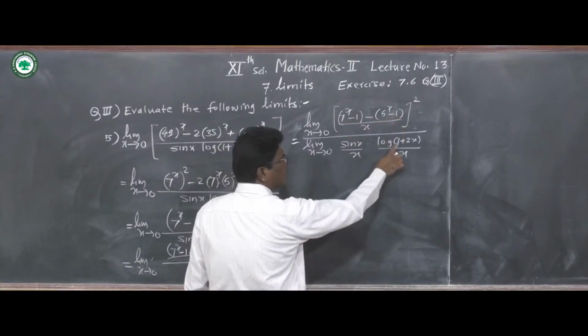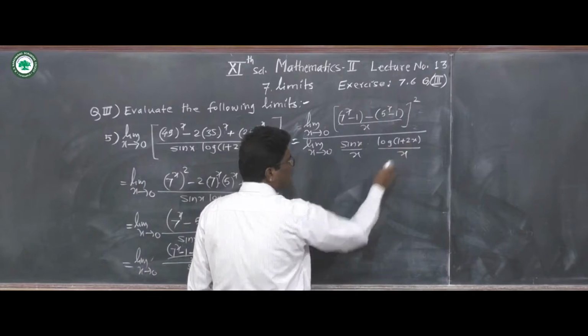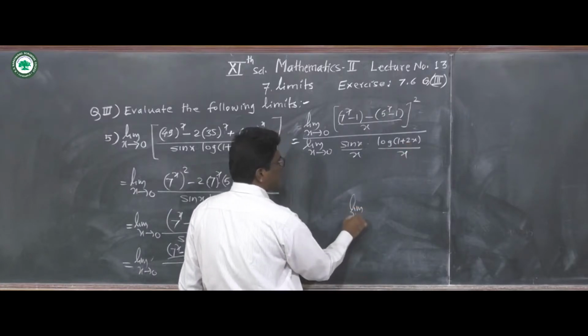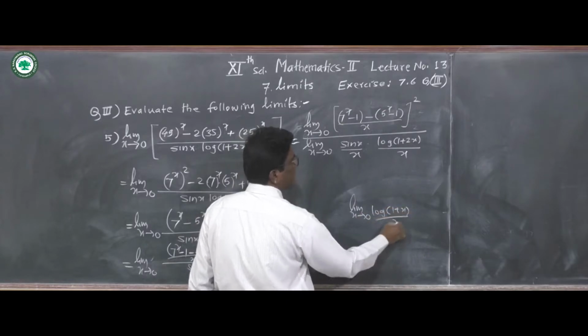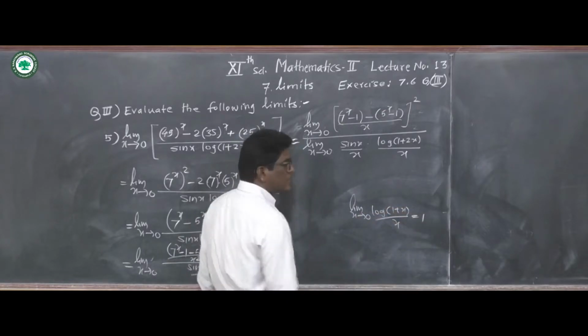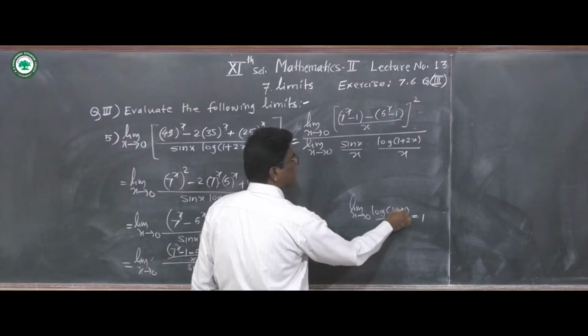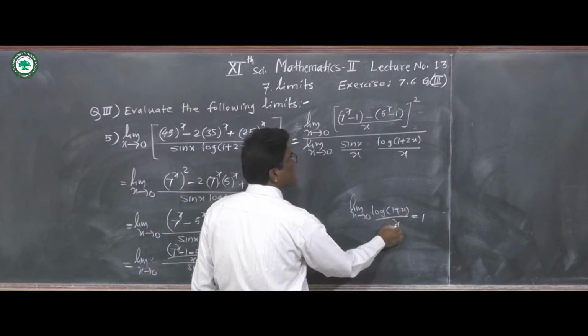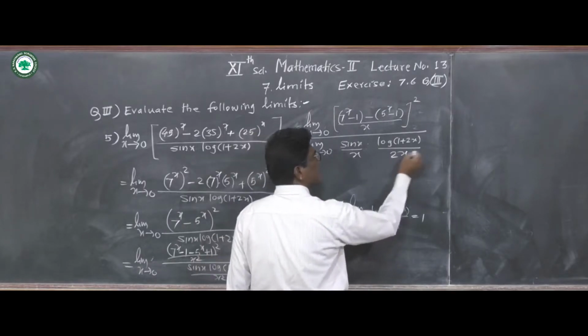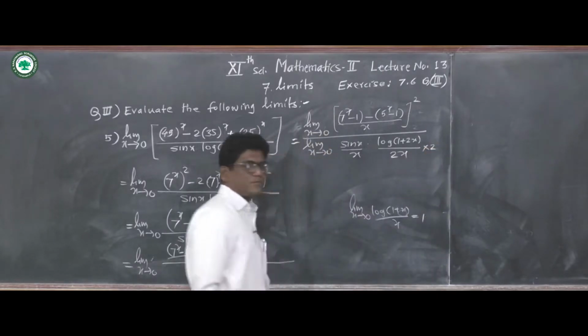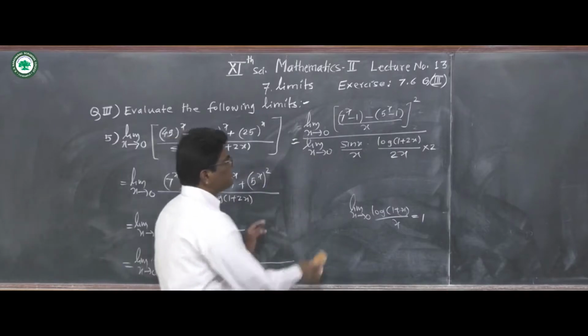Now here log of 1 plus 2x, we have one standard formula, limit as x tends to 0, log of 1 plus x divided by x, it is equal to 1. Here x, so here 2x, we want here 2x. So we adjust here 2, so 2x, and cancel these 2 by taking multiplication. So multiply by 2.